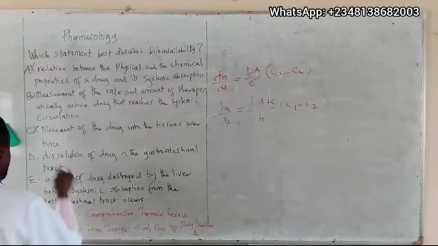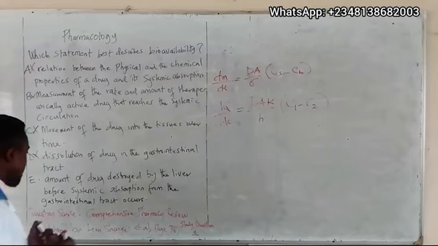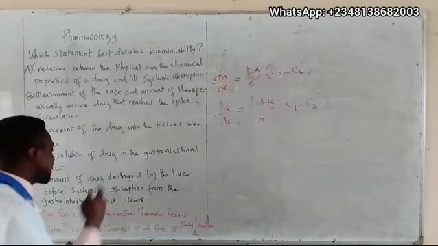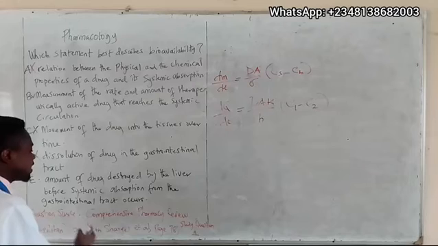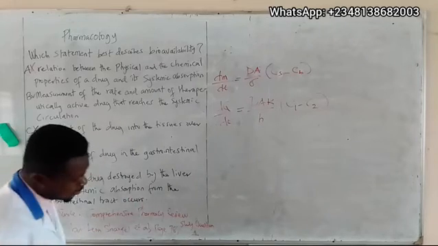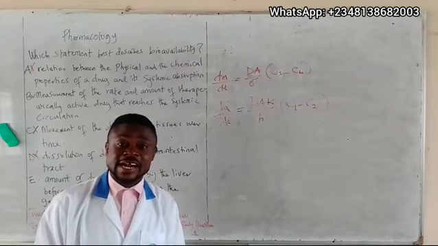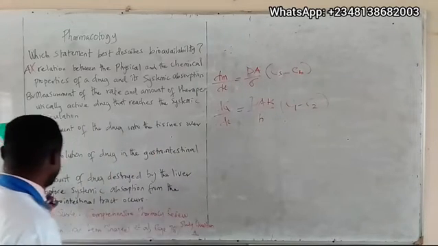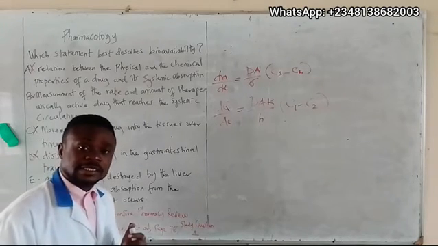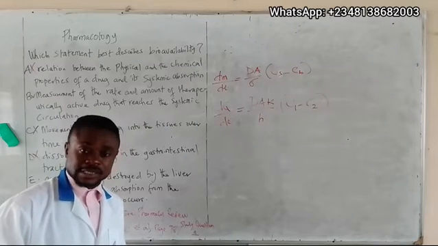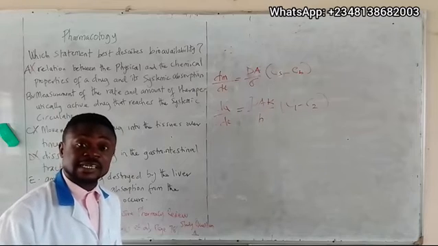Now let's go to the next question. So I want to take this as the answer. Let's go to option E: amount of drug destroyed by the liver before systemic absorption from the gastrointestinal tract occurs. I previously described the first pass effect. This talks about the first pass effect. When the drug is absorbed, it first enters the mesenteric circulation.